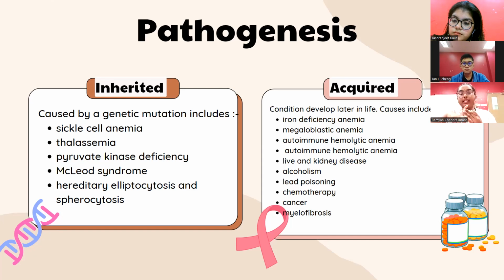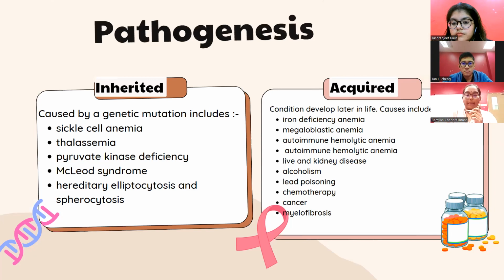The third one is autoimmune hemolytic anemia, a group of disorders that occurs when the immune system mistakenly destroys the RBC. And then liver and kidney disease, alcoholism or alcohol-related liver disease, lead poisoning, chemotherapy treatment, severe infection, cancer, and also myelofibrosis.